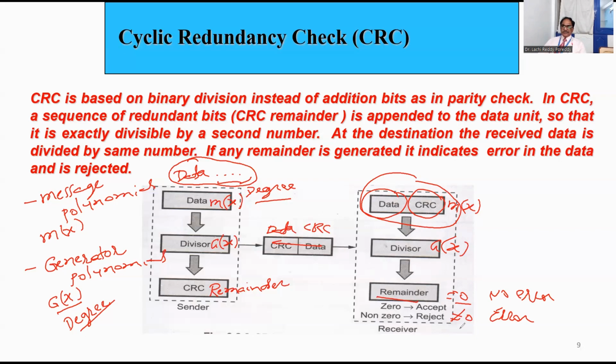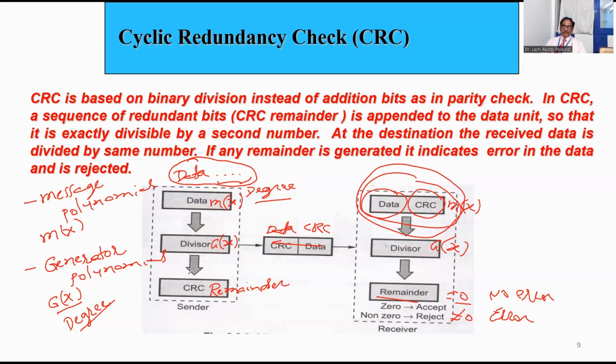If the remainder is non-zero, the entire thing will be discarded, and the receiver will ask for retransmission by sending a negative acknowledgement. So this is what is done in the CRC mechanism.